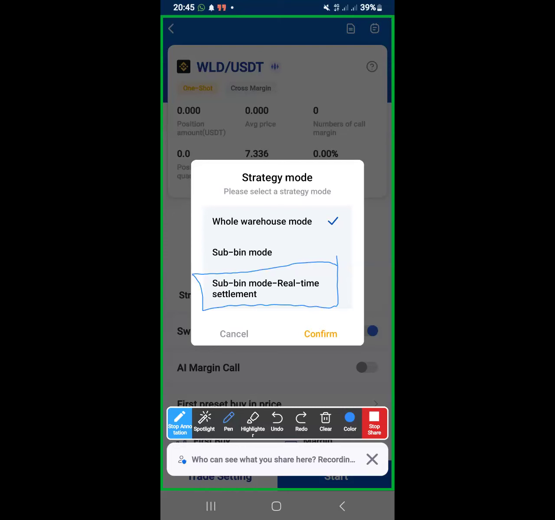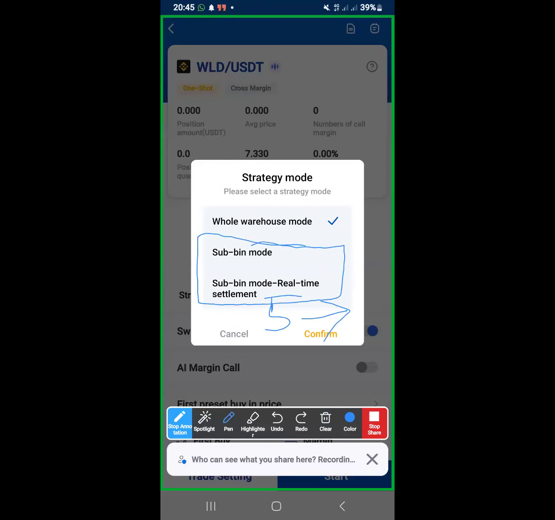Okay, that is it. And these two, you can only set them if you have set your margin call from 5 onwards, meaning the number of times you wish the robot to buy. For as long as it is from 5 and above, then you will be in position to set your strategy mode to Sabine mode or Sabine mode real-time settlement.